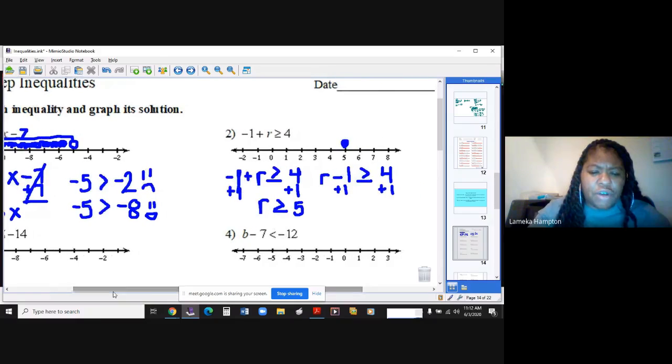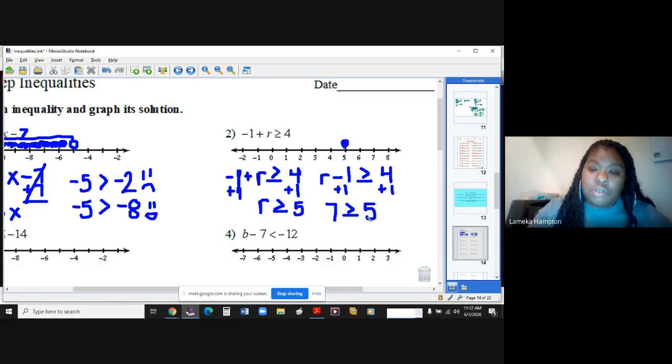And let me skedaddle back over here. All right. So which way am I going to go? Again, you want to pick a number off the number line. Let's pick 7, lucky number 7. I'm going to substitute 7 for the letter r and write it out like this. Is that a true statement? Is 7 greater than or equal to 5?